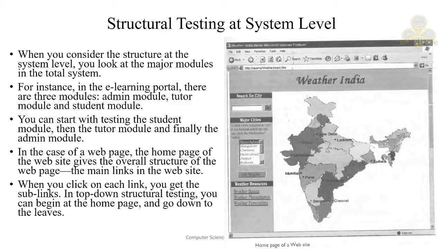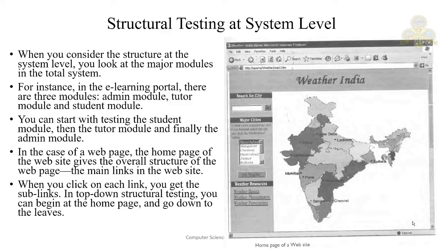Once you know the overall structure, you can click on each link and get the internal details. After the overall structure is obtained, you can start testing from the home page. That is your top-down approach, or you can start from the bottommost links. That is the bottom-up approach, right? So that is about structural testing at system level.